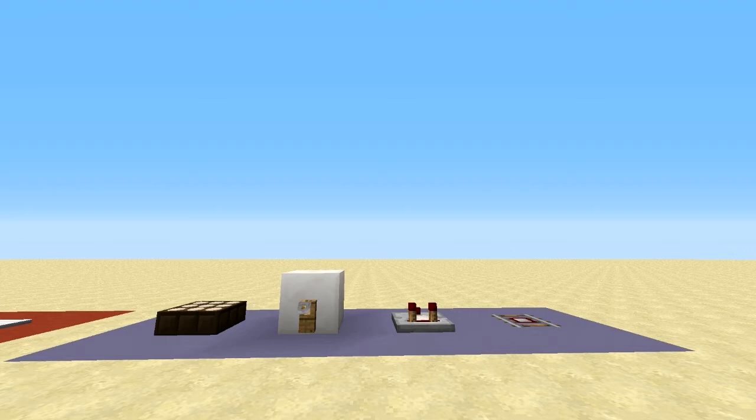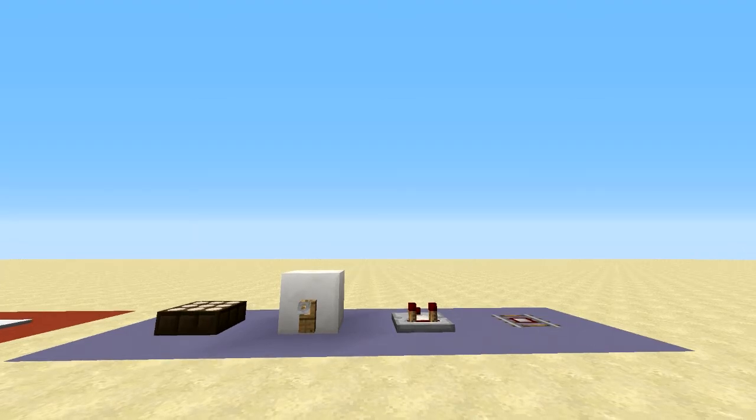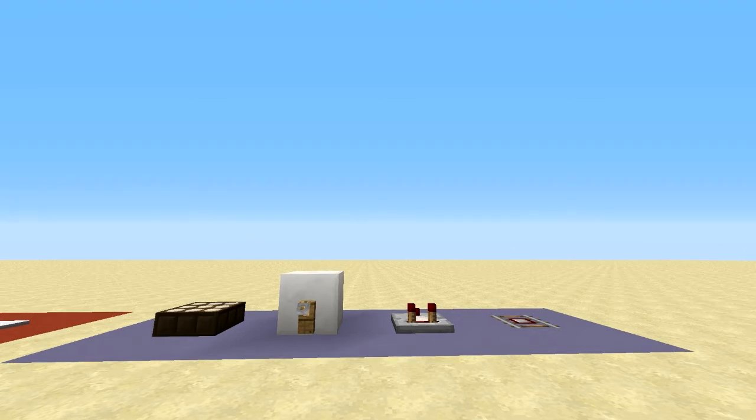And the comparator, which can also be used to take a look at how much stuff is in that container, and the detector rail, which we probably will not talk about for too long, but just so you get the idea that it's also a power source.